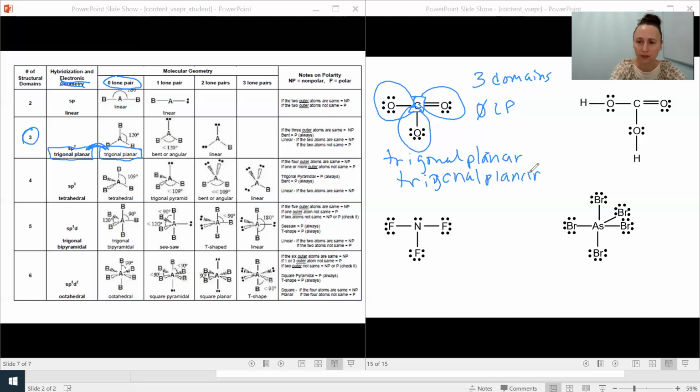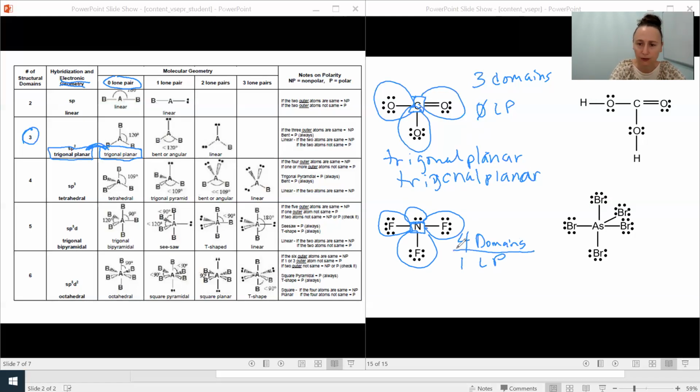All right, so let's move on to the nitrogen trifluoride. Around the nitrogen, which is the central atom, we have 1, 2, 3, 4 domains and 1 lone pair.